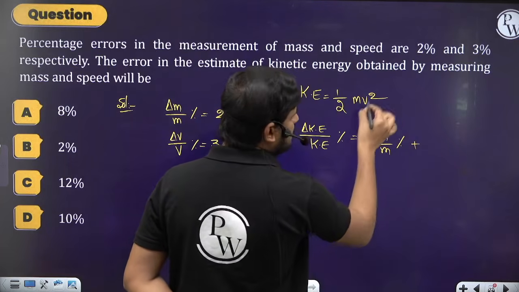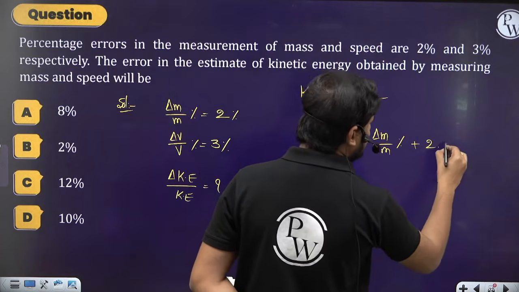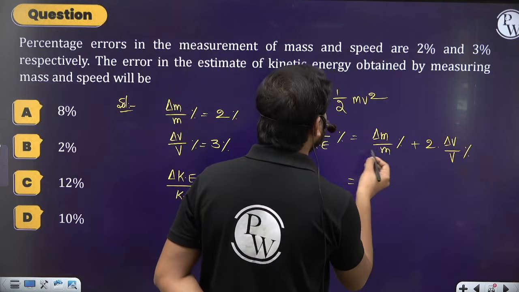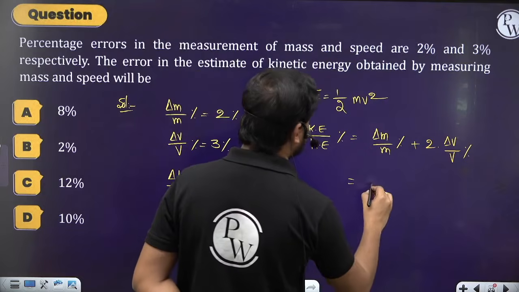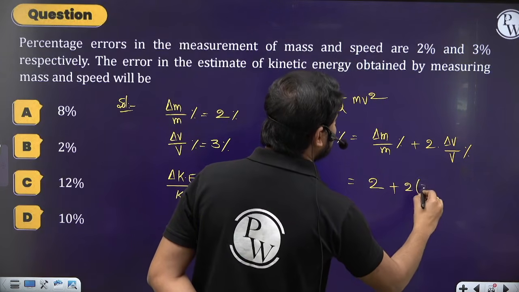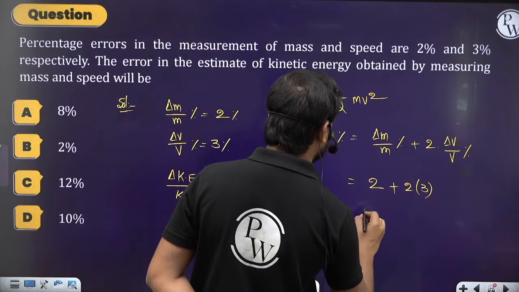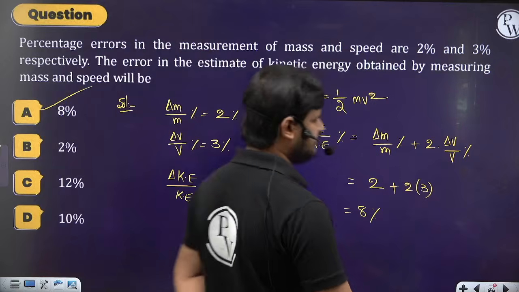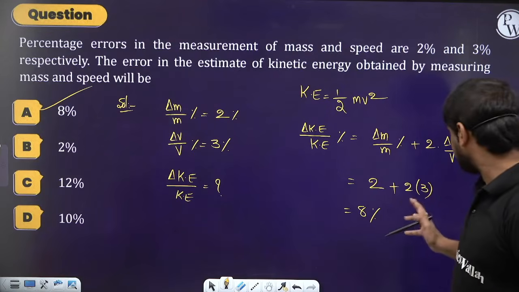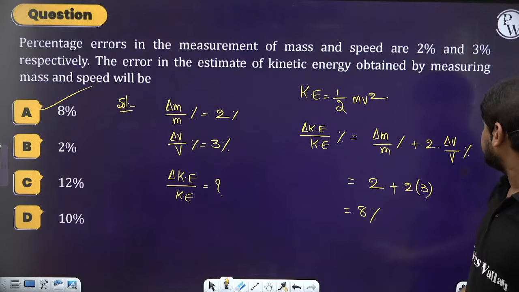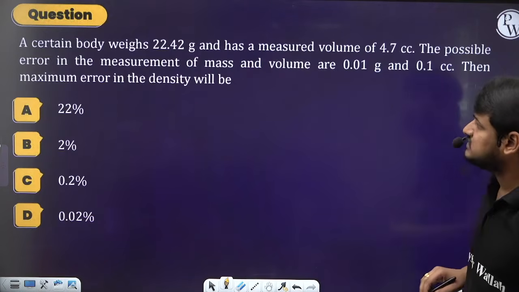Here the power of v is 2, so 2 into delta v by v percent. So delta m by m, which is 2, plus 2 into delta v by v, 3, so 2 threes are 6, plus 2, 8%. So the correct option is A. Clear?